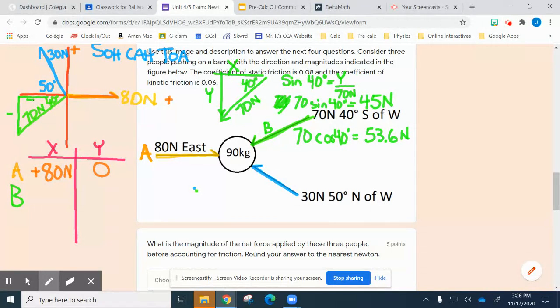So our y, we figured out, was 45 newtons, so that's negative 45 newtons. And our x is negative 53.6 newtons. All right, now let's go to our other vector.